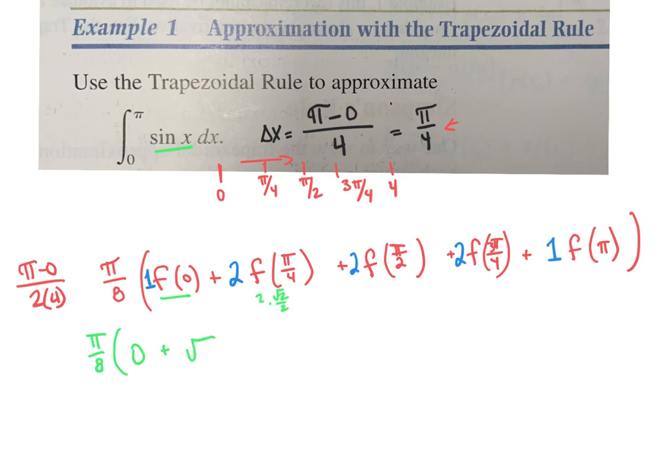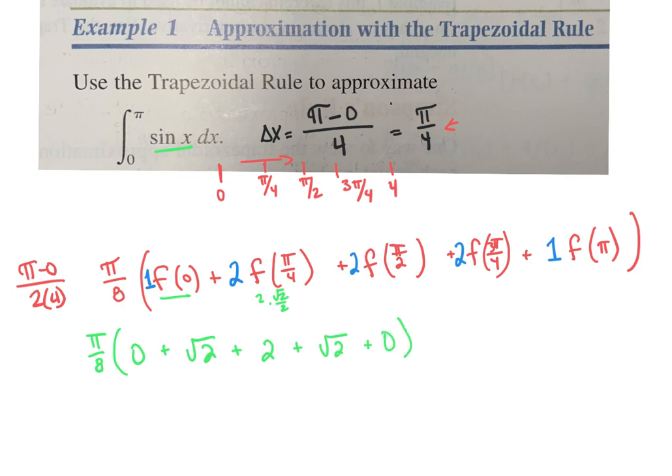So I'm just going to get square root of 2. Sine of pi over 2 is 1. So 1 times 2 gives me 2. Sine of 3 pi over 4 is also square root of 2 over 2. So this is just going to be square root of 2. And then sine of pi is 0, right? Times 1, which is also 0.